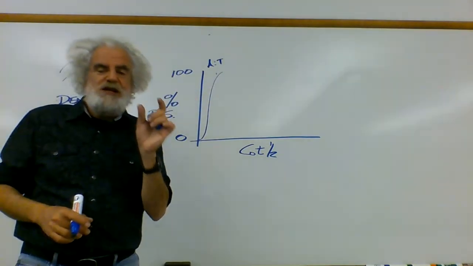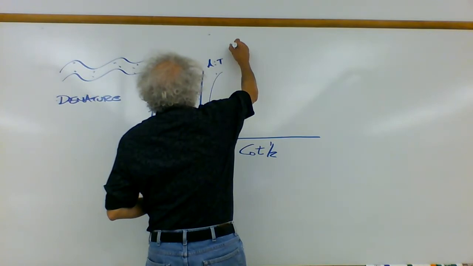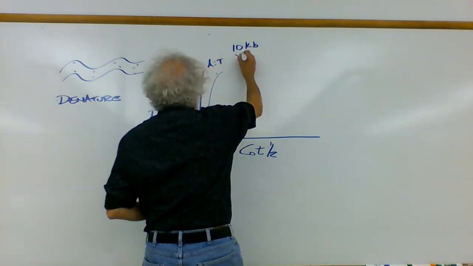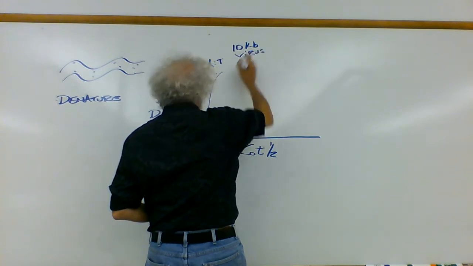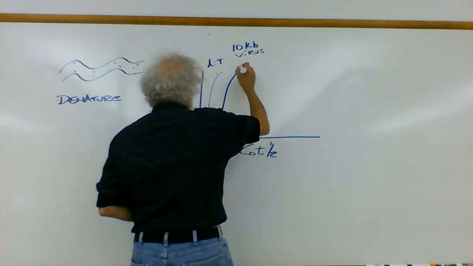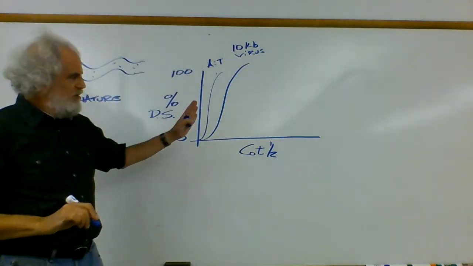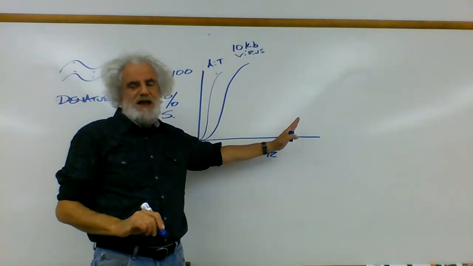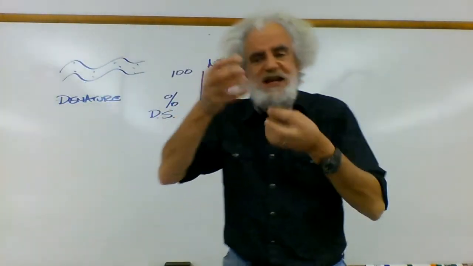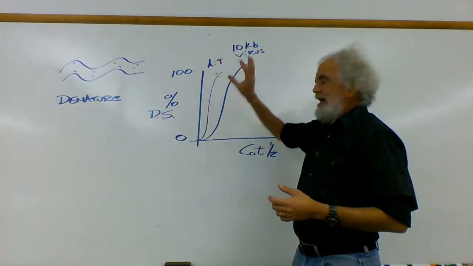Now, when you begin looking at, say, a 10,000 nucleotide virus, a 10 kb virus, we see this. We see that the COT 1/2 curve is shifted down the x-axis because it's taking longer for these pieces to find each other, because now we don't have just a simple AT.